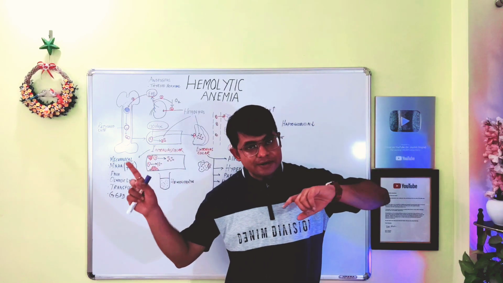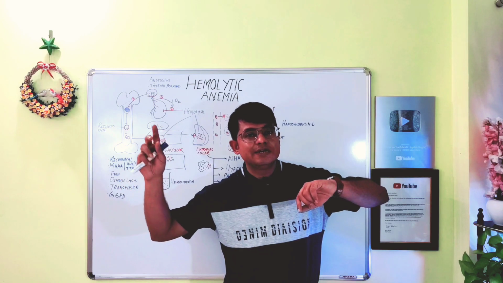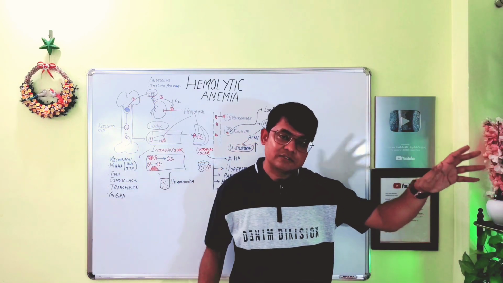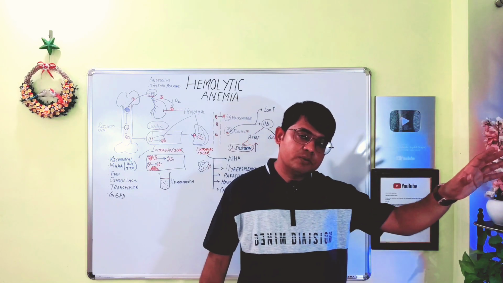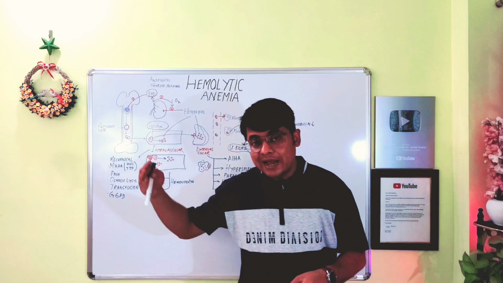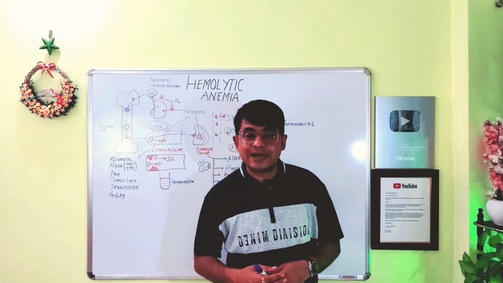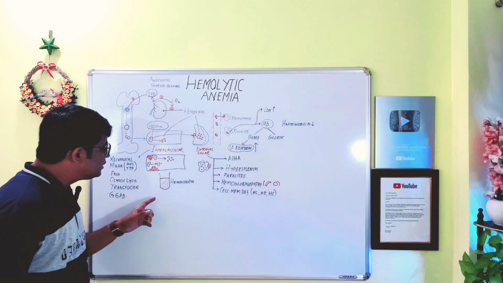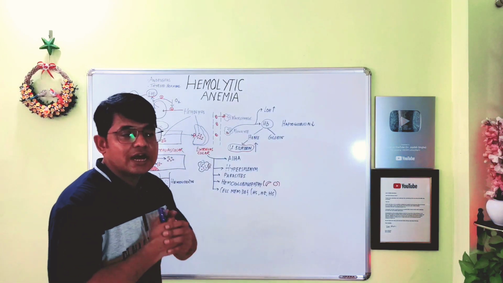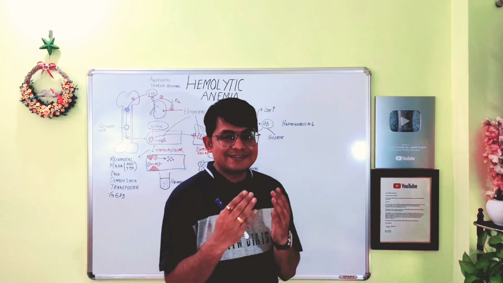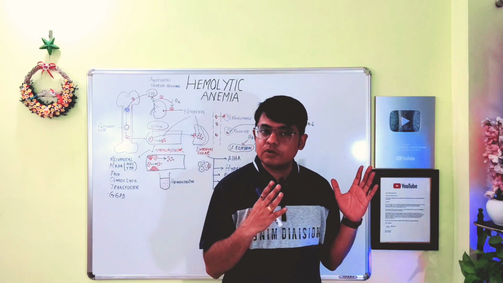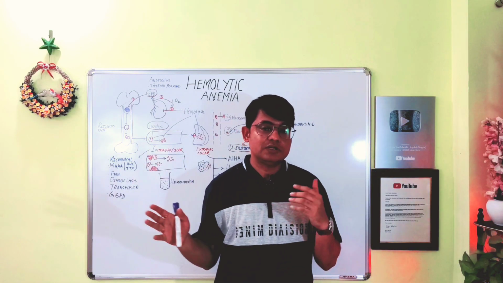In intravascular hemolysis, there is release of hemoglobin within the circulation, but in extravascular hemolysis, there is no release of hemoglobin within the circulation. That released hemoglobin can form hemosiderin in the urine, and that will turn the color of urine brownish. So these are the basic differences between intravascular hemolysis and extravascular hemolysis.